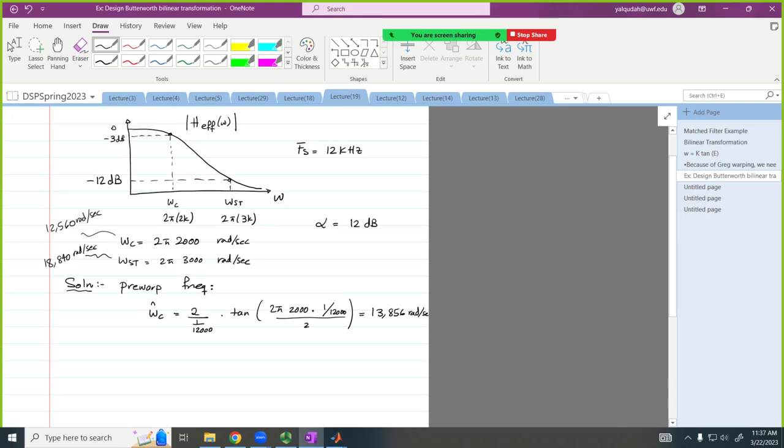So this is, if I multiply it with pi, this is the value. I'm going to calculate omega stop hat: 2 over T tangent of omega stop multiplied by T divided by 2, and it is going to come to equal 24,000 radian per second.